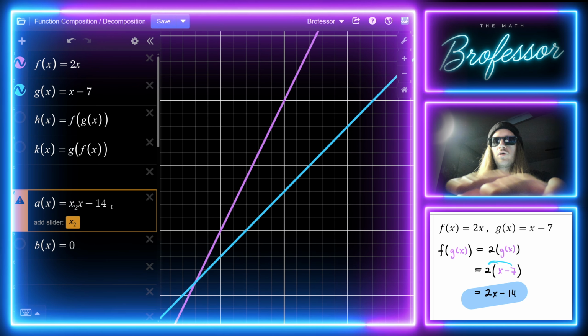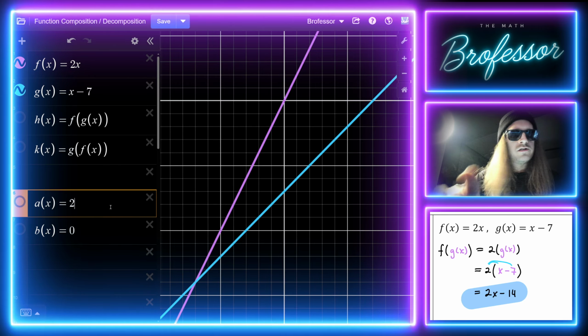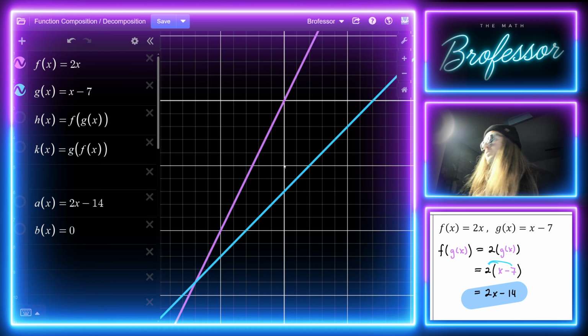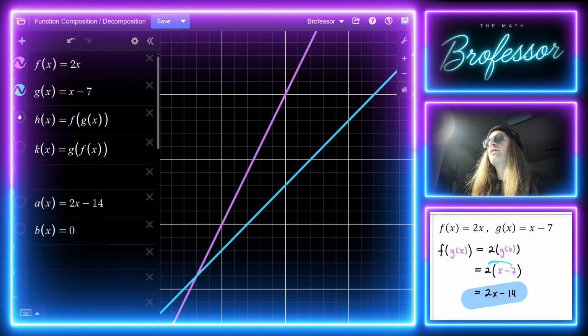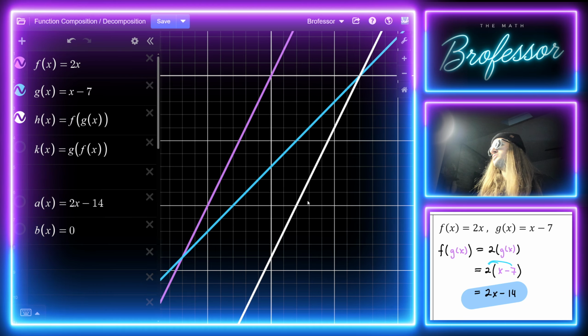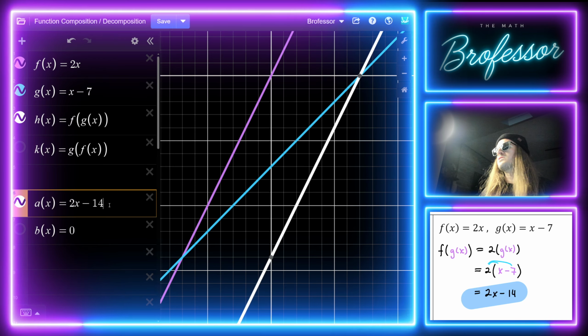Whoa, whoa, whoa. What is going on here? I said 2x minus 14. The purple graph is f, the blue graph is g, and then if I turn on this h right here, that's the composition. So the white line is the composition f of g of x, and let's see if that's the same as our answer. Turn on our answer, and we see that there is no difference. So good, we got that graph correct.